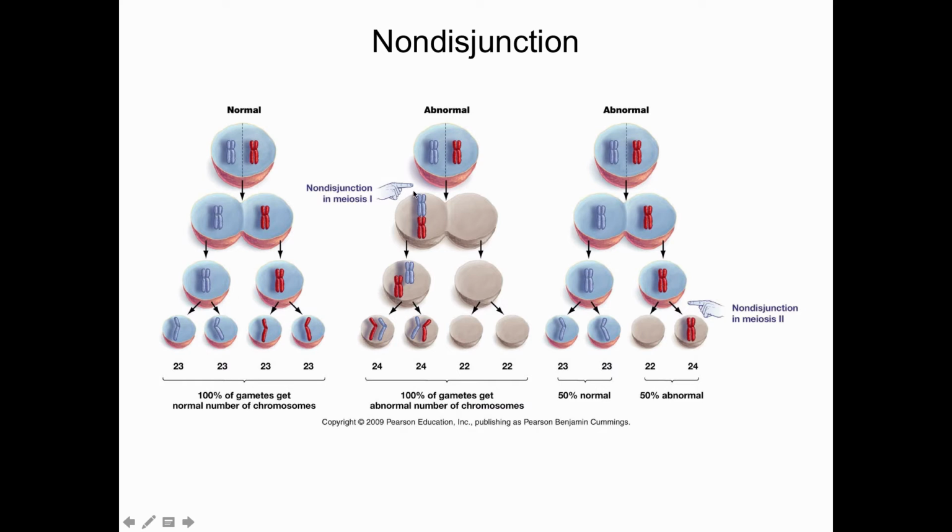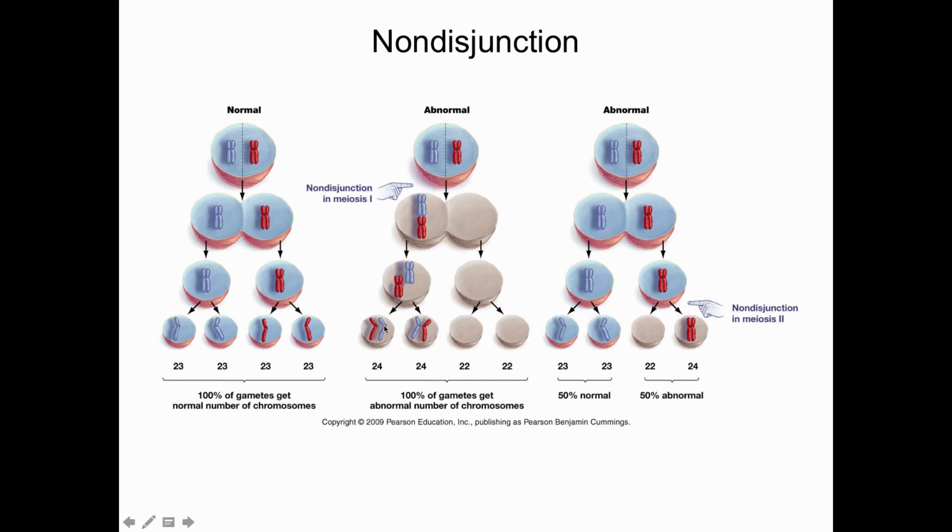So let's flip to here. Here's where we have non-disjunction in meiosis 1. Instead of one of these chromosomes going to each cell, both of them went into one. So this one has extra and this has none of that particular chromosome. Then if this didn't exit out right at that moment, which in most cases it would, ultimately none of our gametes would be right.